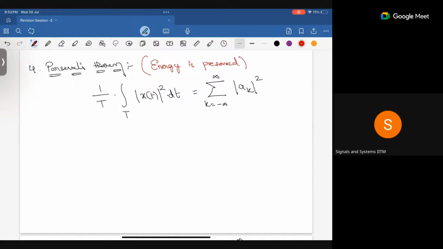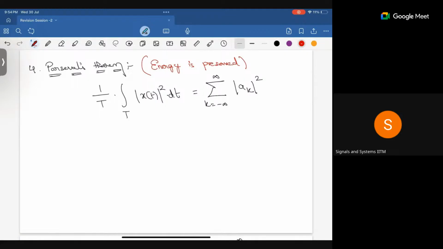On the left hand side, you take the signal as it is and you compute the energy of the signal. Since these are periodic signals, we will just work with average power. So let me put the statements very carefully. So this is energy over a time period, which is also power.